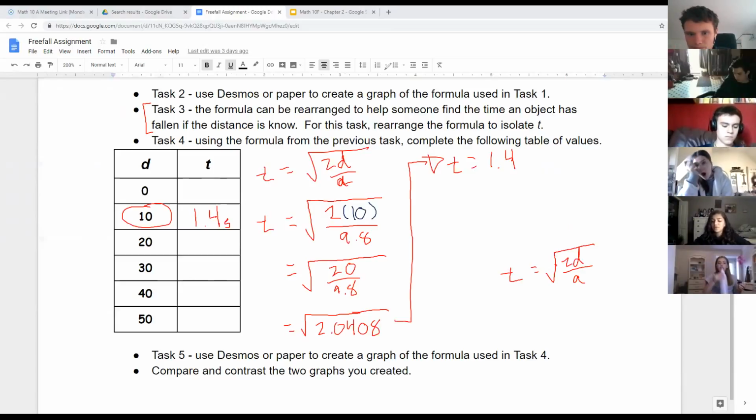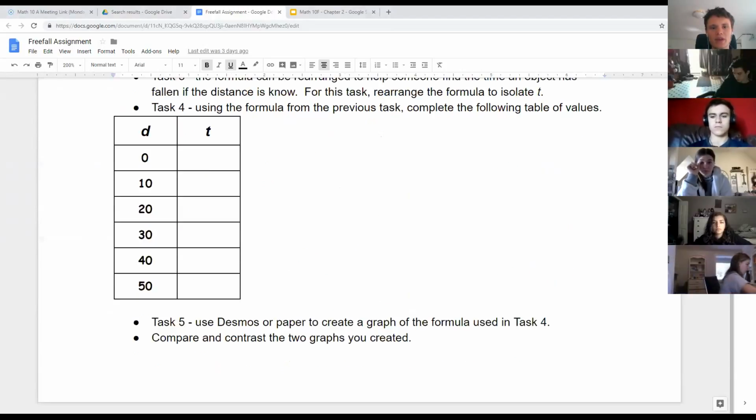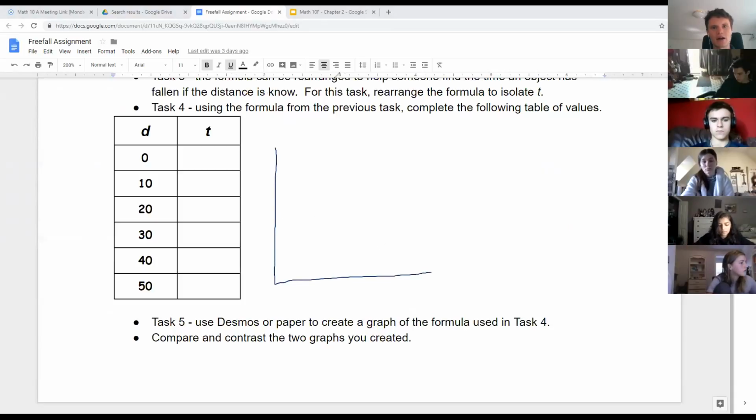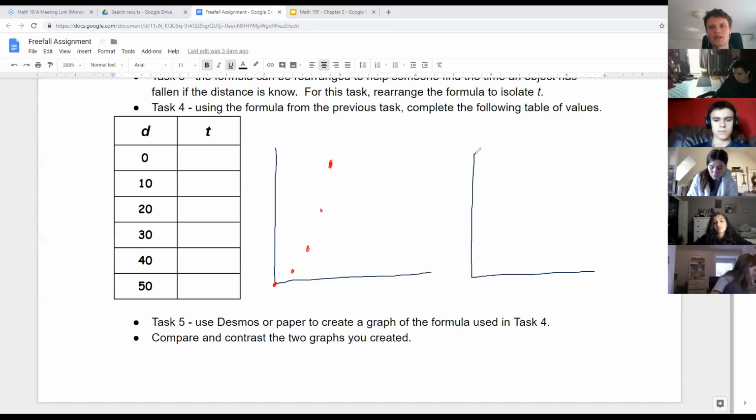What do you mean by compare and contrast the two graphs? I guess I could provide a little more detail. What I'd like you to do is describe one way that they're similar and one way that they're different, the shapes of the graphs. For example, that first graph is going to have some sort of curved shape, and the second graph will have a curved shape as well, but curved in a different way.